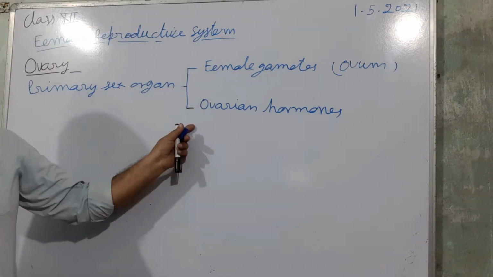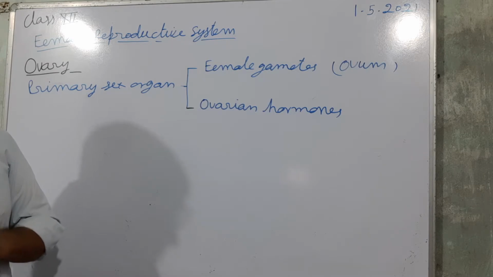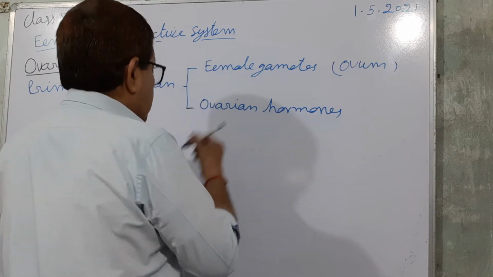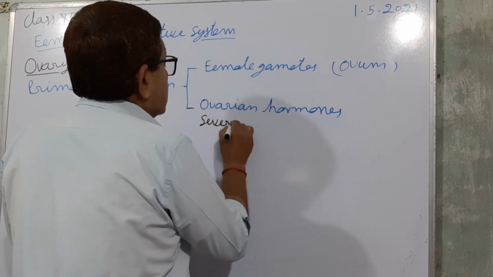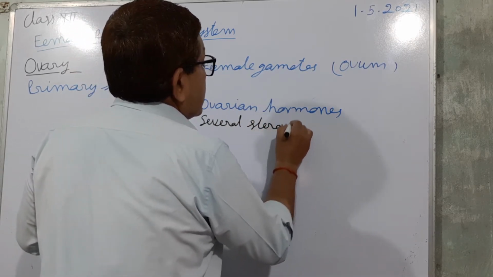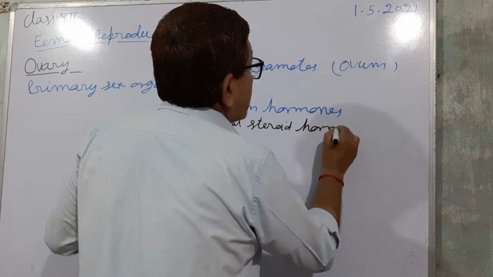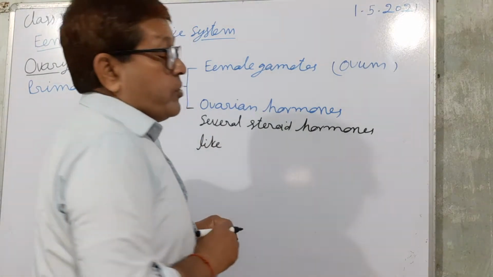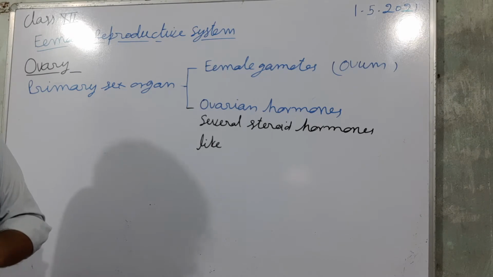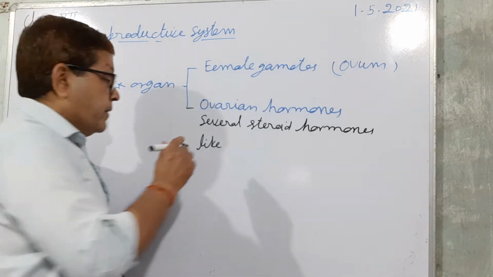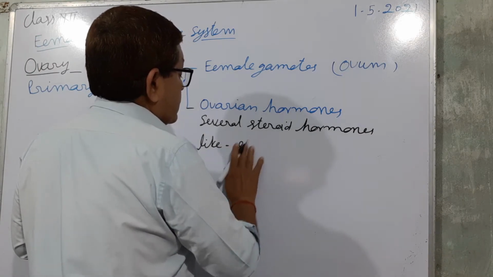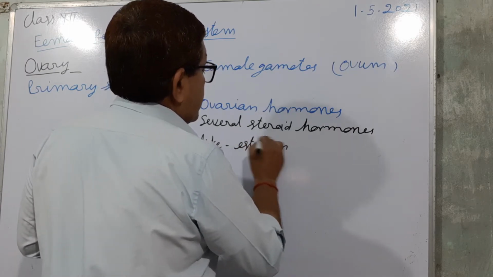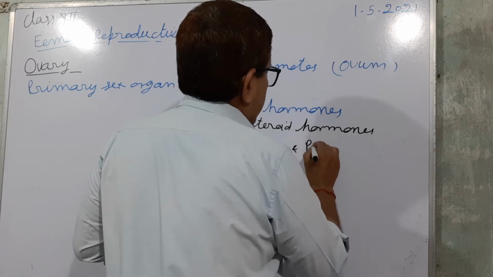These ovarian hormones are several steroid hormones like estrogen and progesterone.